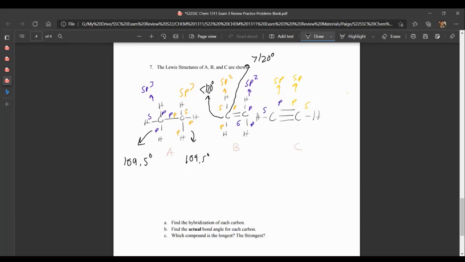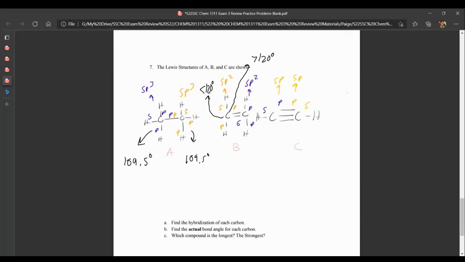Well, we have to account for the 3 electron groups, right? But it's going to be greater because of the double bond repulsion, and it's going to be less here because it has to make room for that double bond, so it takes more space. And for this one, just sp, 180 degrees.